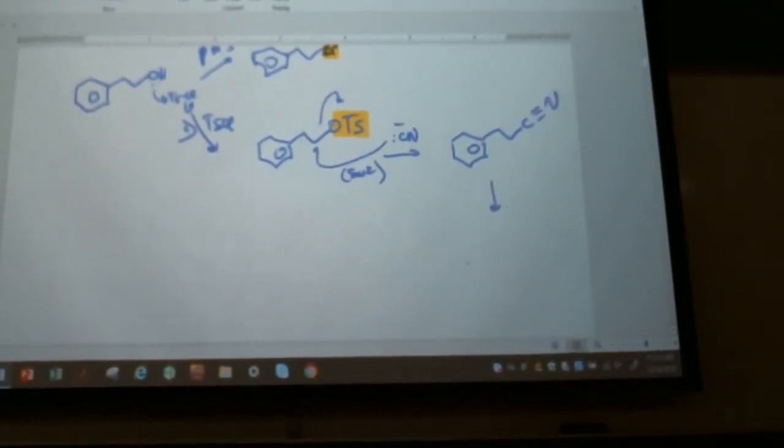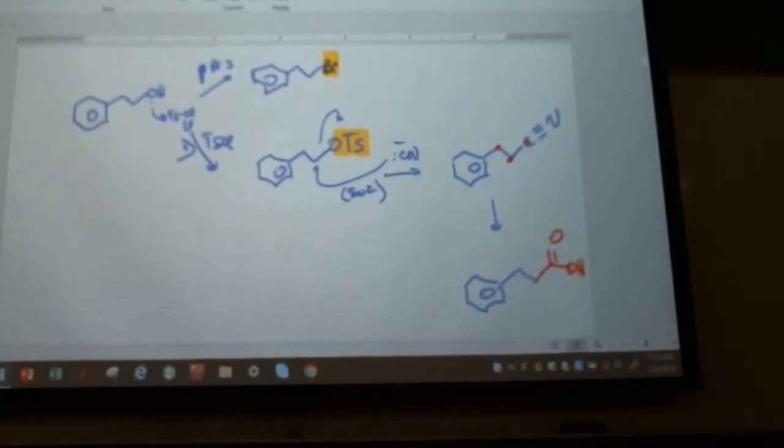So this then, we have these two carbons, and then of course now we have this other carbon, which will become a carboxylic acid. How could I have done the same thing from here? Grignard attacking CO2.